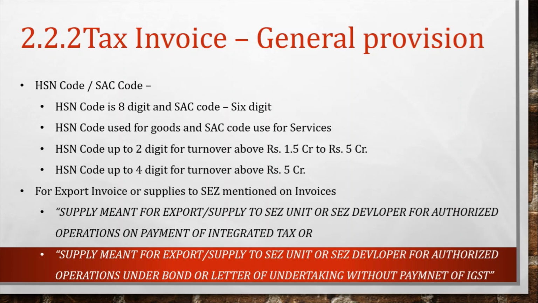For export invoices and supplies to SEZ units or developers, he has to specially mention in his tax invoice whether the supply is with payment of integrated tax, in which case he follows the first option. If it is under a letter of undertaking without payment of IGST, then he has to maintain the other declaration. So this is one provision.